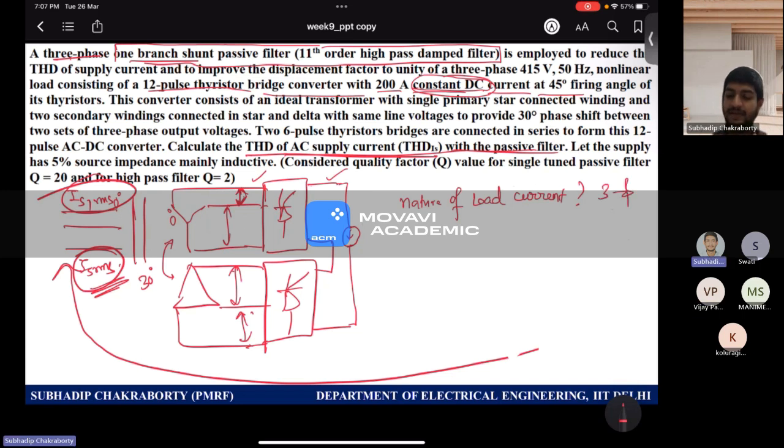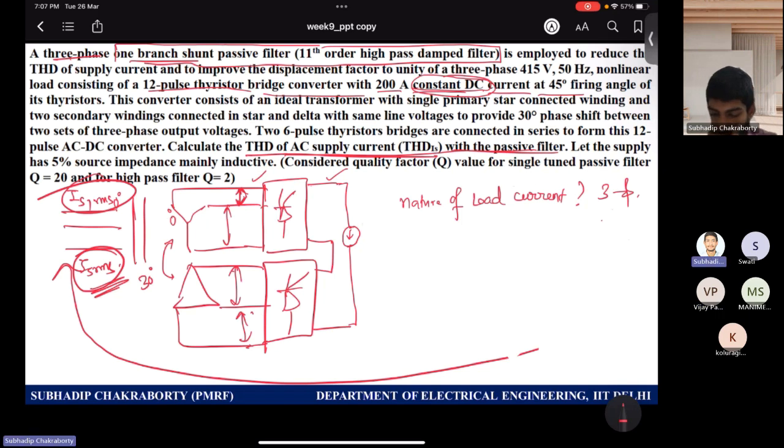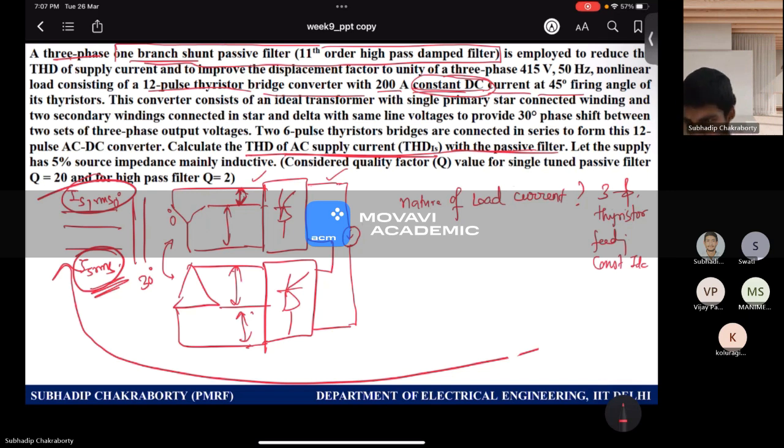Remember, this is 3 phase. So this is quasi square, right? The nature will be quasi square.